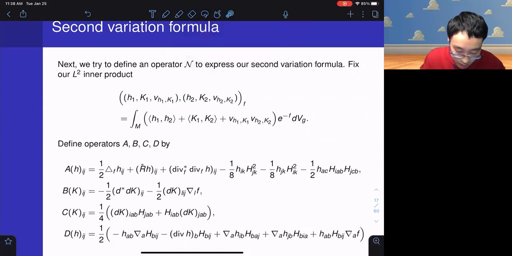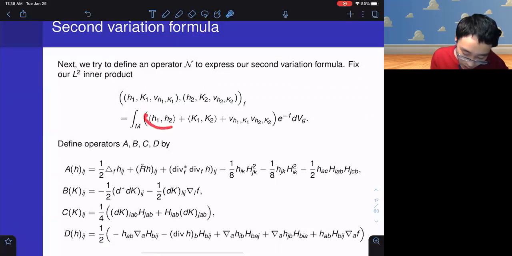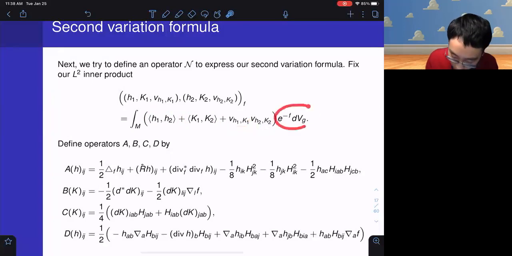We say we have H1K1, VH1K1, times inner product with H2K2, where the inner product is the standard inner product on symmetric 2 tensors and 2 forms, plus the multiplication of 2 functions in terms of the f volume.